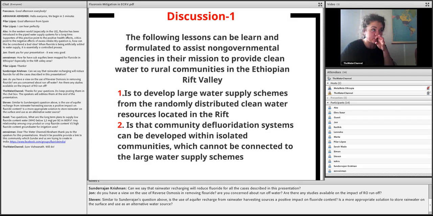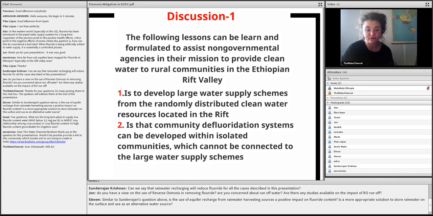However, some advice needs to be taken into consideration, such as the fact that a more holistic management should be created. And also that community defluoridation schemes can be developed within isolated communities that cannot be reached or connected by the larger water supply schemes.